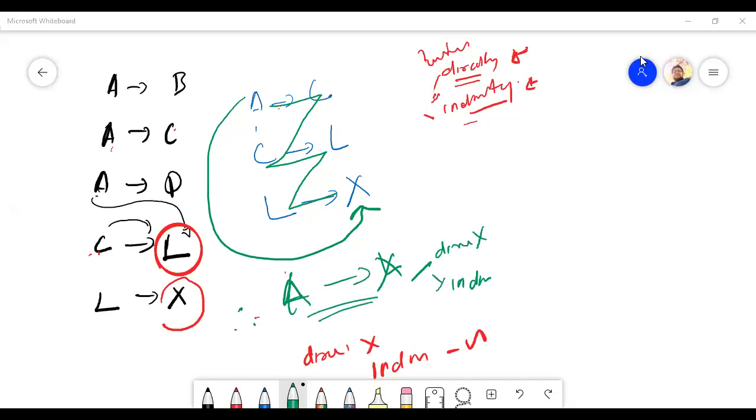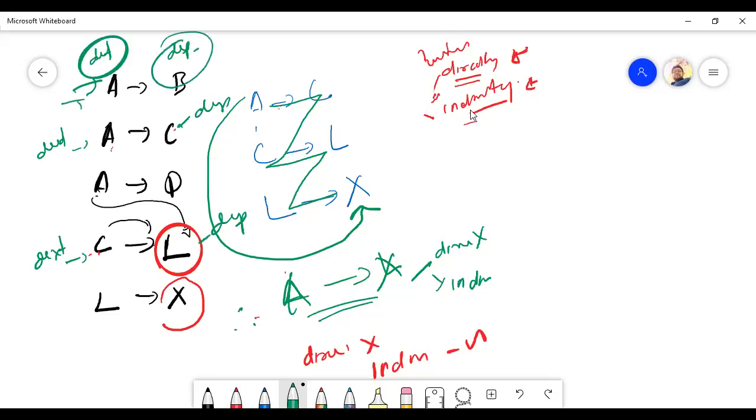One student is asking, A is the determinant, is it only A? That depends on the case. For example, in this case, determinant A, dependent B. We tell determinant and dependent case by case.